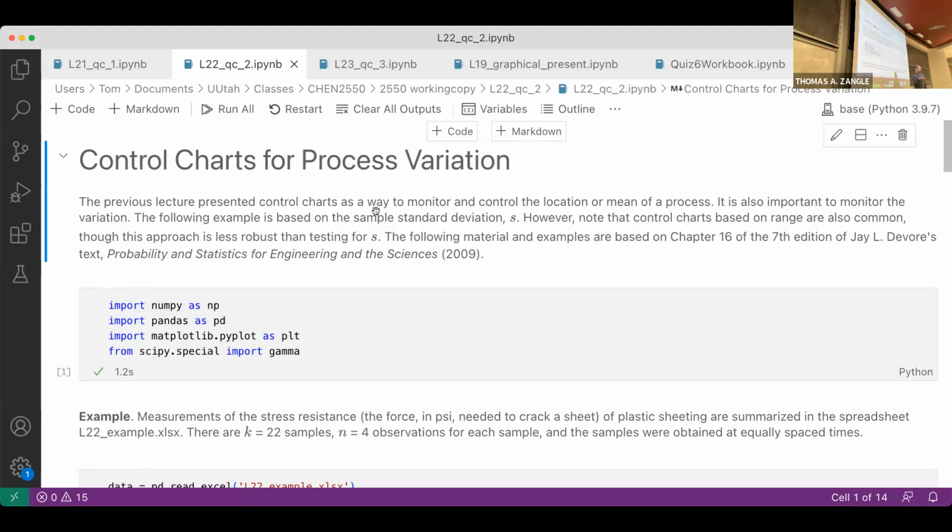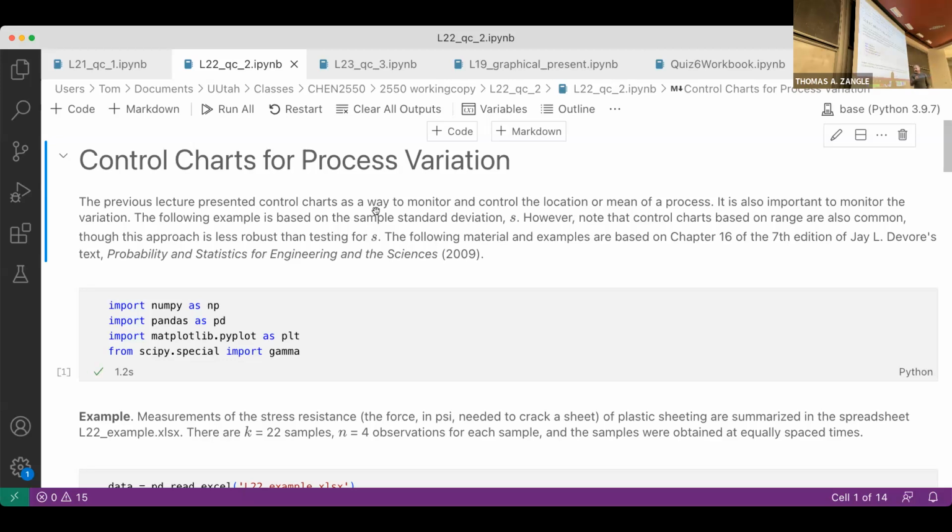What we're on the lookout for is when the sample mean that we compute on any given day of running that process goes outside the upper or lower control limits, because that indicates that we potentially have a problem.